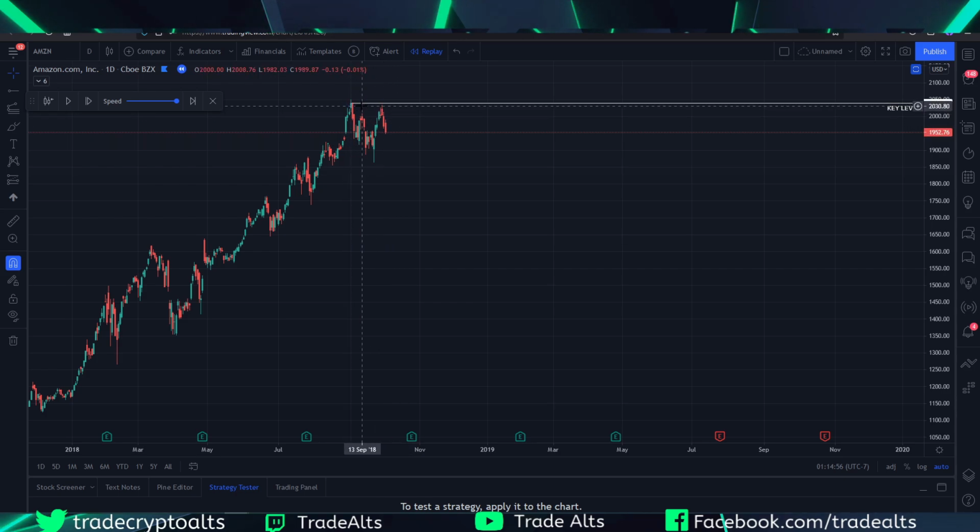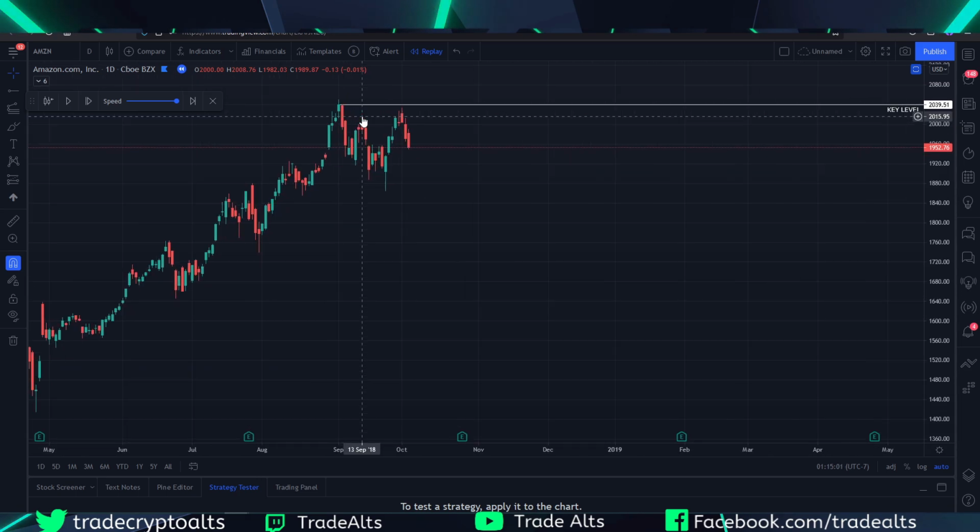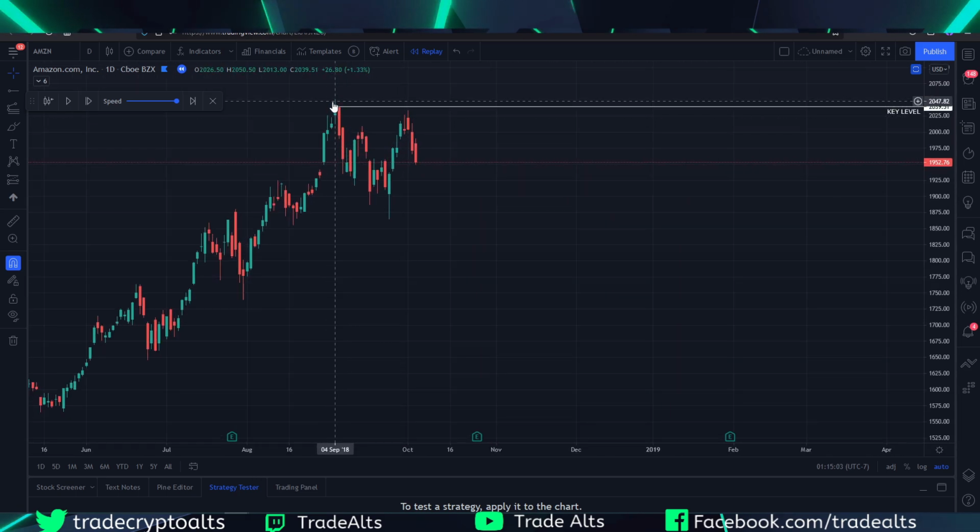So already here, you can see, let me zoom in. So here is your level. Price backs off. This comes up right close to this level. So this is telling me that this key level here is actually pretty important.